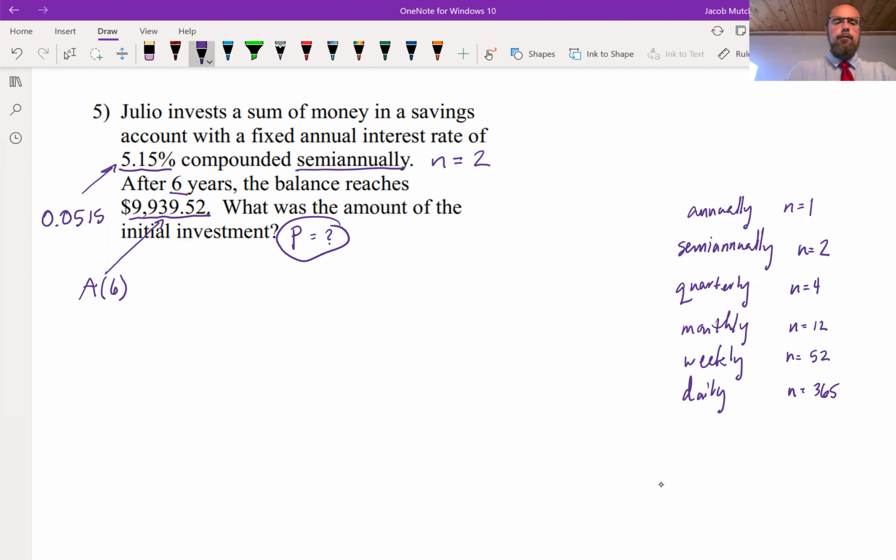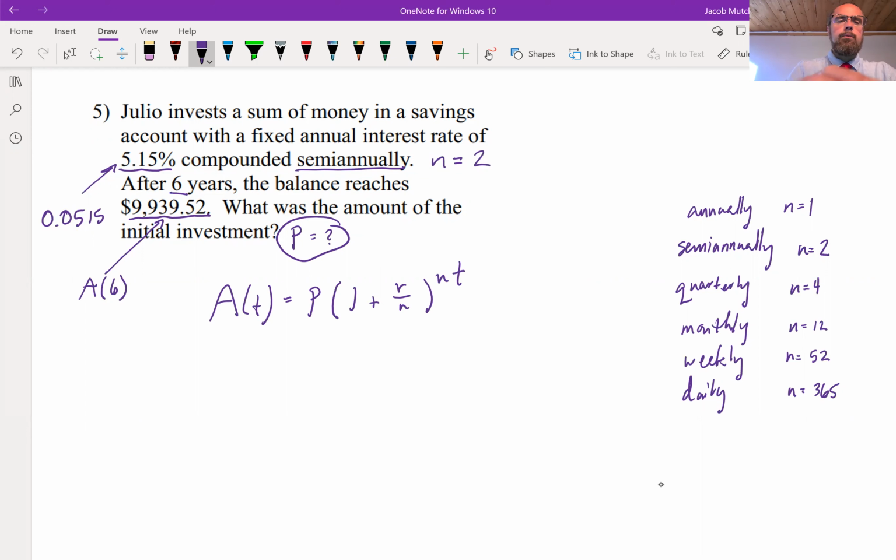So let me bring the formula again. We'll substitute values in for the variables we know, and that'll give us an occasion to solve for the principal. So again, here's our formula. Future amount equals principal times 1 plus r divided by n to the power of nt. So I'm going to plug in what I know.